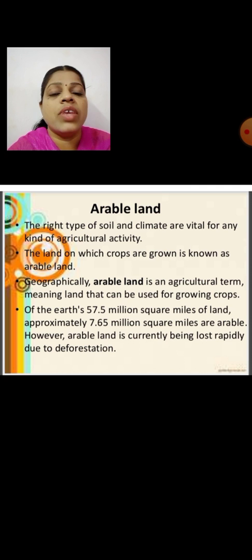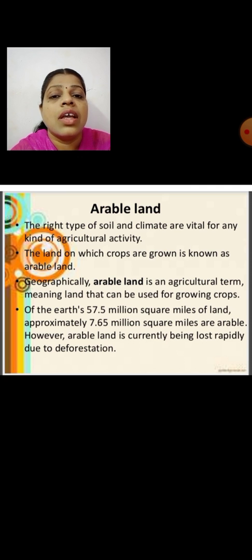So that much vast area comes under arable land.